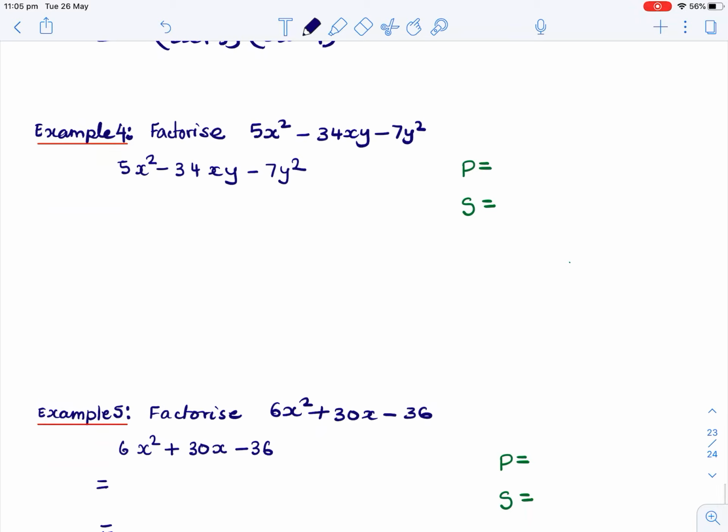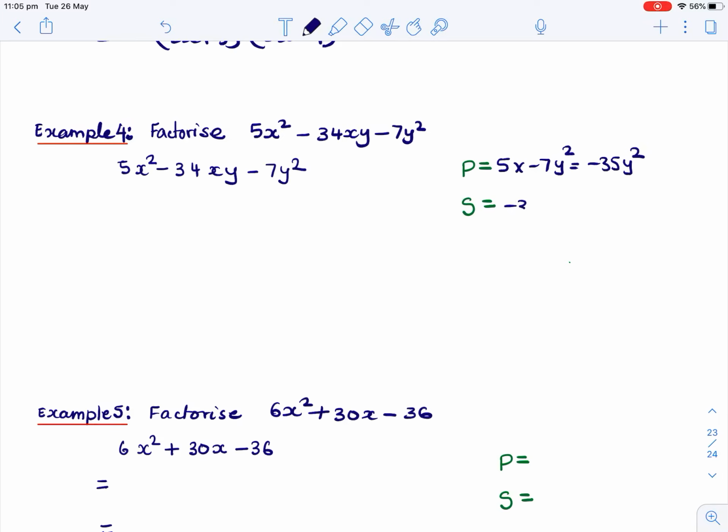Example 4, 5x squared minus 34xy minus 7y squared. Now here we have two variables, x and y. You can treat this as a quadratic trinomial either in terms of x or in terms of y. So if I treat this as a quadratic trinomial in terms of x, then the product is 5 times negative 7y squared, negative 35y squared.